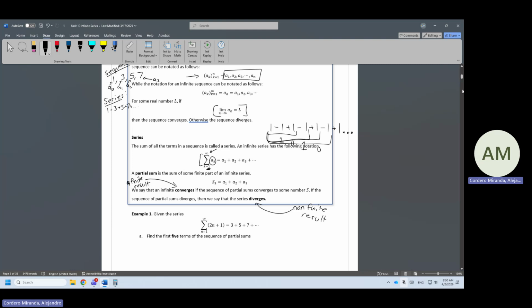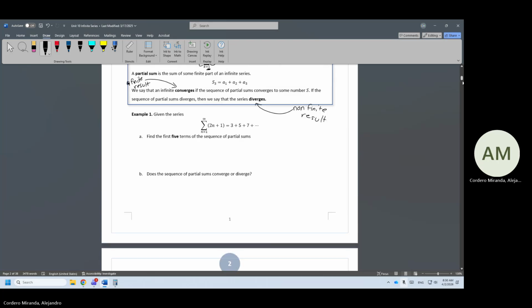So watch this. It says, given the series written right there, find the first 5 terms of the sequence of partial sums. As in, find the first partial sum, the second partial sum, the third, etc., all the way up to the 5th one.